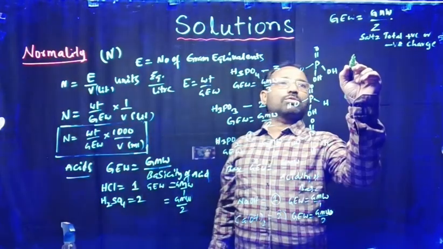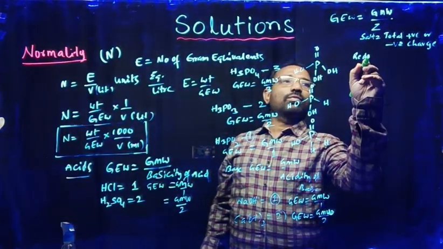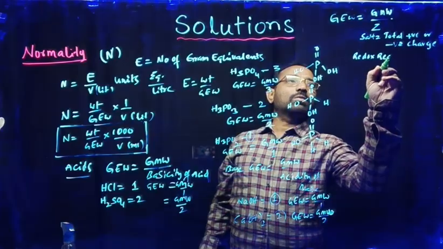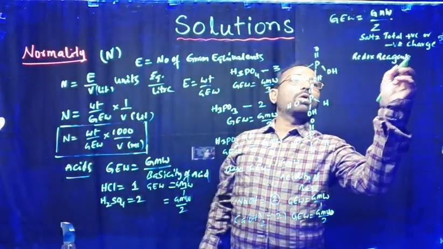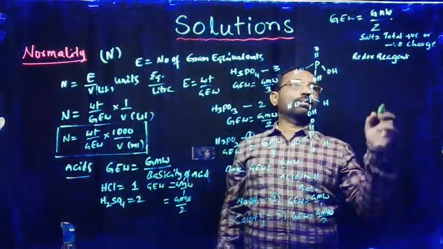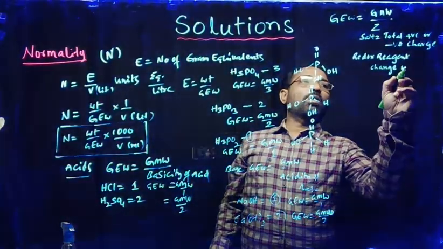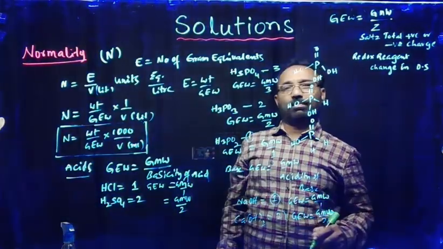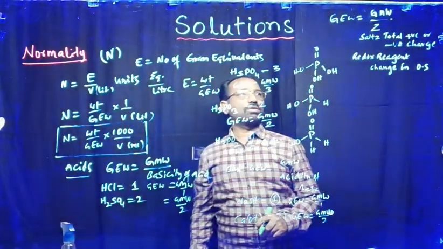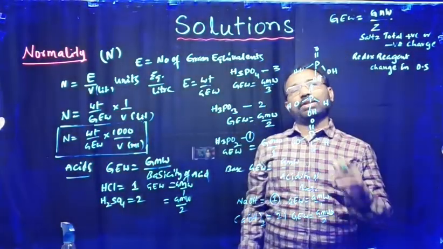In case of a redox reagent, it is the change in the oxidation number, or the number of electrons involved in the reaction.